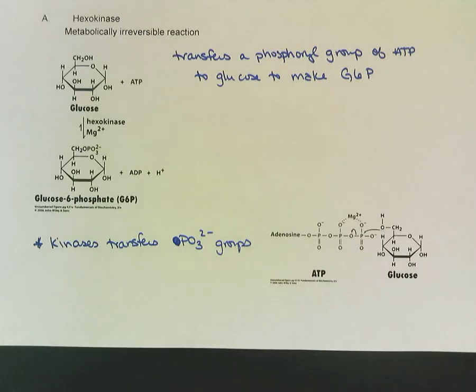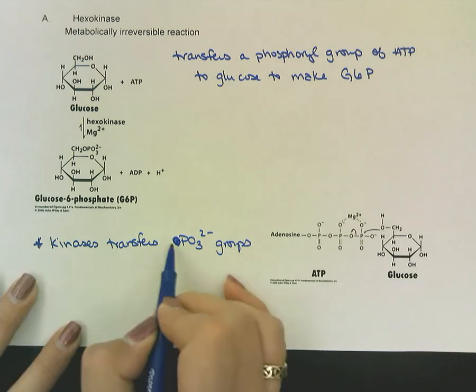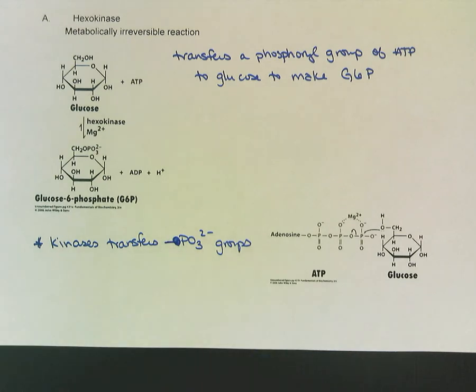The job of a kinase is to transfer phosphate groups. So every time you see kinase, it means it's either adding or taking off a phosphate group. So we had hexokinase, pyruvate kinase, phosphofructokinase.